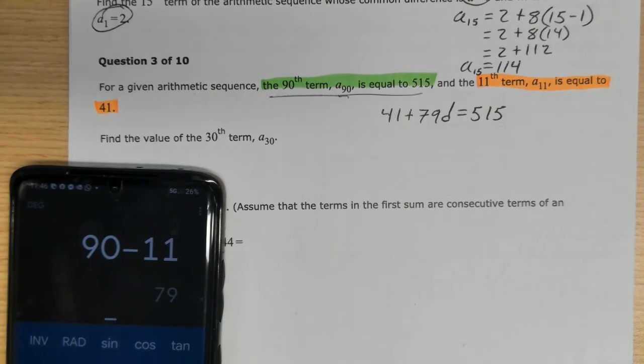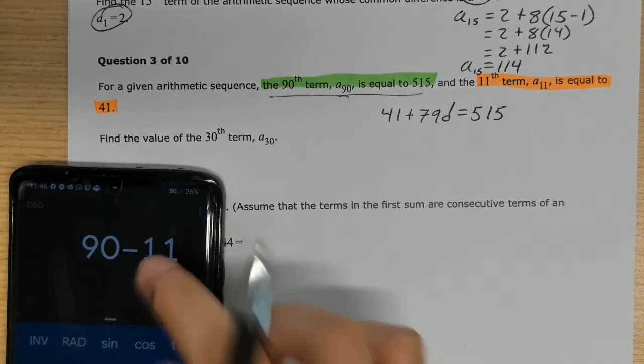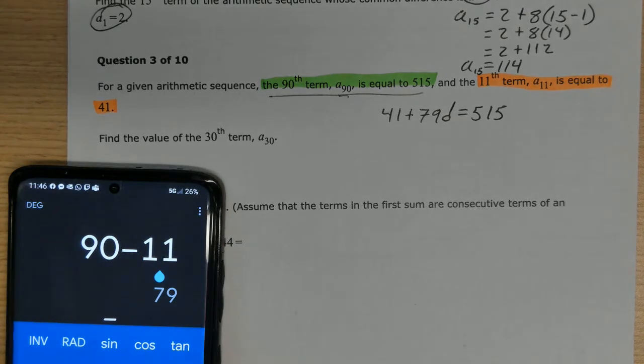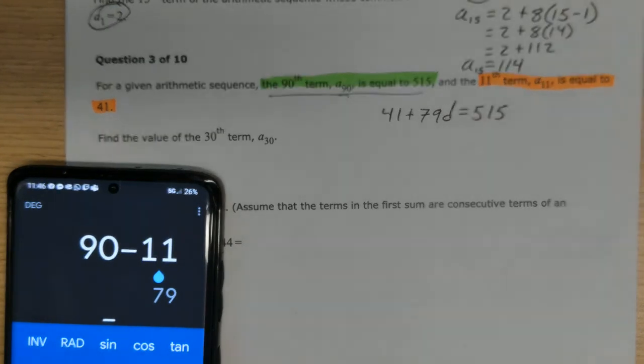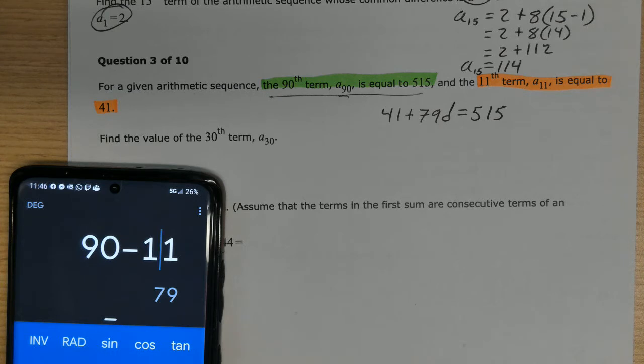Yes, Joshua? Do you always add the smallest term, the difference? Yeah, so technically I'm going from the smallest to the biggest. It's kind of tricky because first it gave you the 90th term, and then it gave you the 11th. Even though it gave it to you like that, I'm going from the 11th to the 90th, not backwards from the 90th to the 11th.